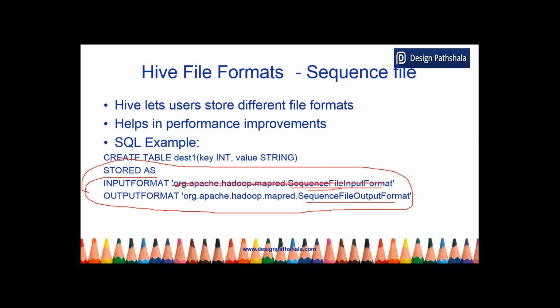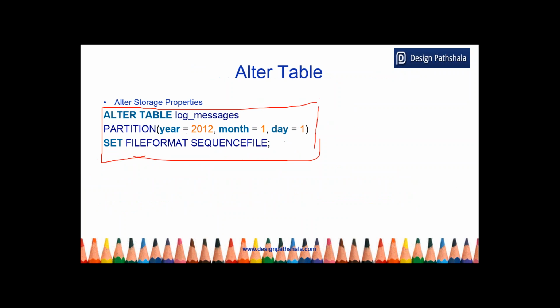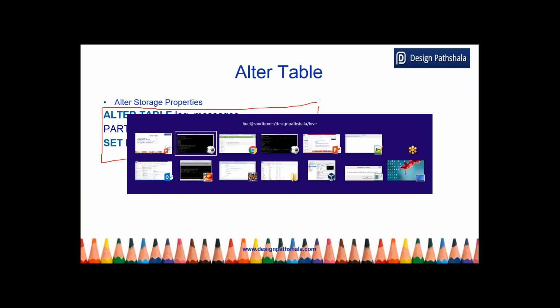तो मैं क्या करूंगा, मैं alter table चलाऊंगा, जैसे यहाँ पे बता रहा हूं. And I will just change the output format. Input format को मैं text ही रखूंगा. So मैं इसको सब कुछ इस तरह से लिखूंगा.